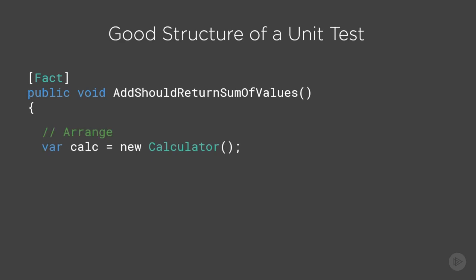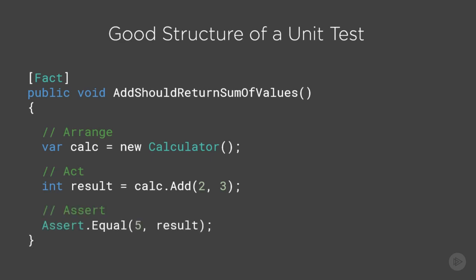In the demonstration, this was just a calculator instance. Then we act on that instance by calling the add method, and finally we assert that the result we got is the expected one. If you follow this pattern, arrange, act, assert, you will always have a good structure of a unit test. Okay, so far to unit testing.